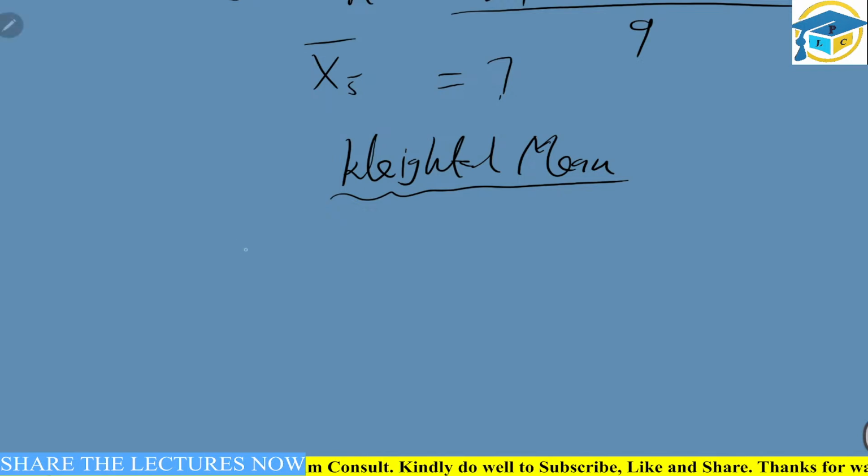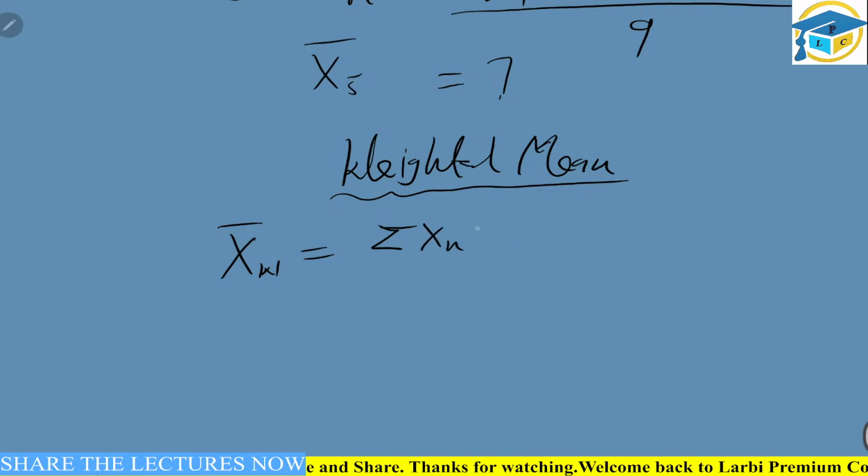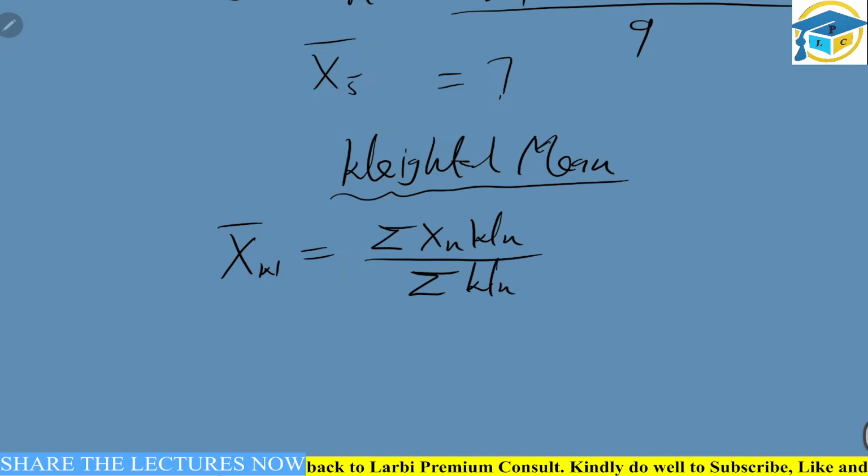In simple terms, to find the mean of weighted values, we take the summation of the x values multiplied by their weights, w, and then divide by the summation of the weights under consideration. This is how we find the weighted mean. So let's take note of that. Let's take an example to explain more of the weighted mean.